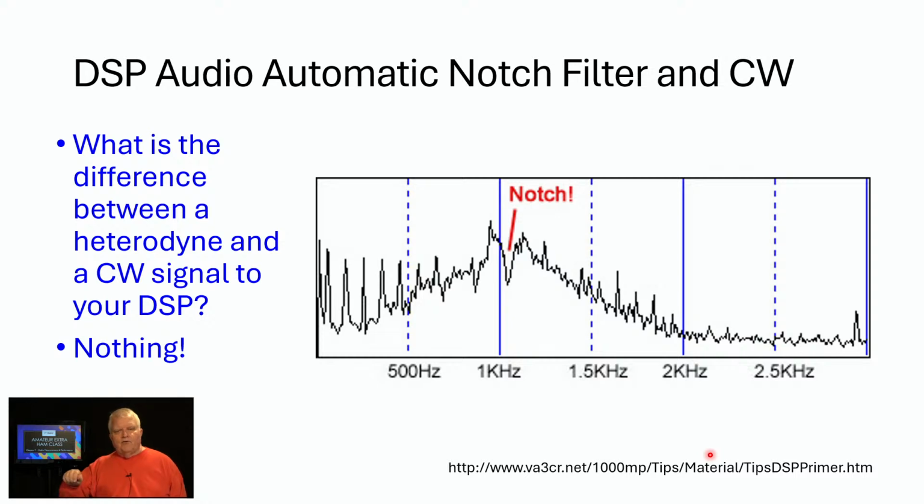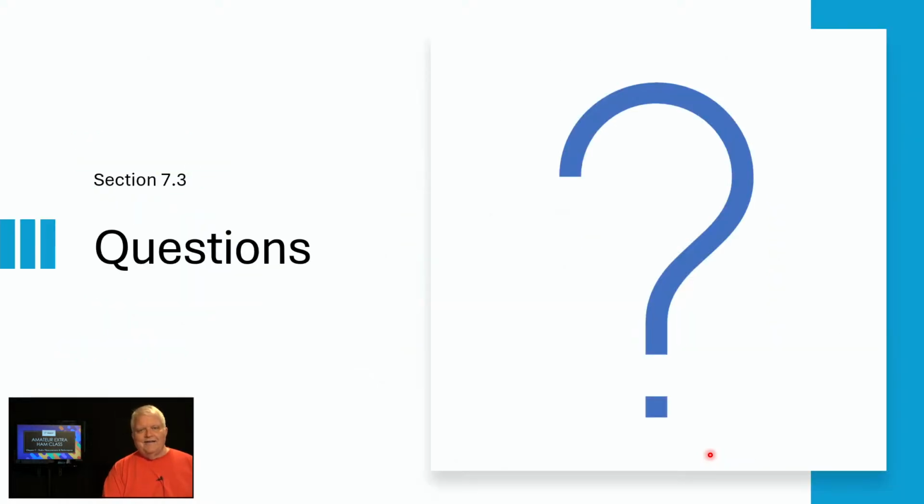The problem is if you switch over to Morse code, it'll also eliminate all the Morse code signals. You won't hear them. Where'd they go? So what's the difference between a heterodyne and a Morse code signal to your digital signal processing? The answer is nothing. So just be aware that they can cause you trouble if you leave it in the wrong position. All right, last questions.